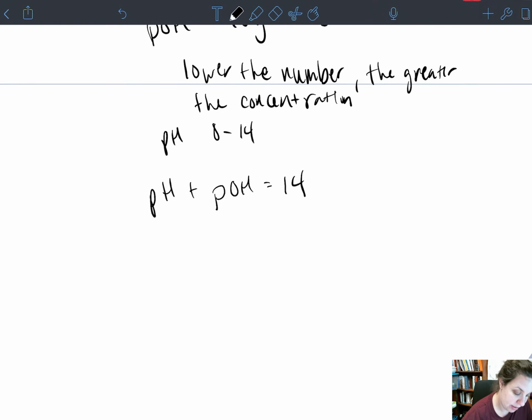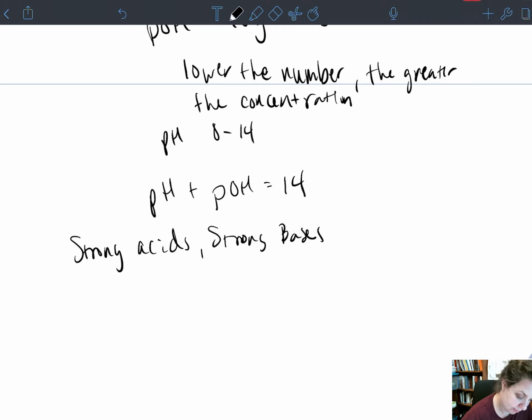And we're going to look at both strong acids, strong bases, weak acids, and weak bases.